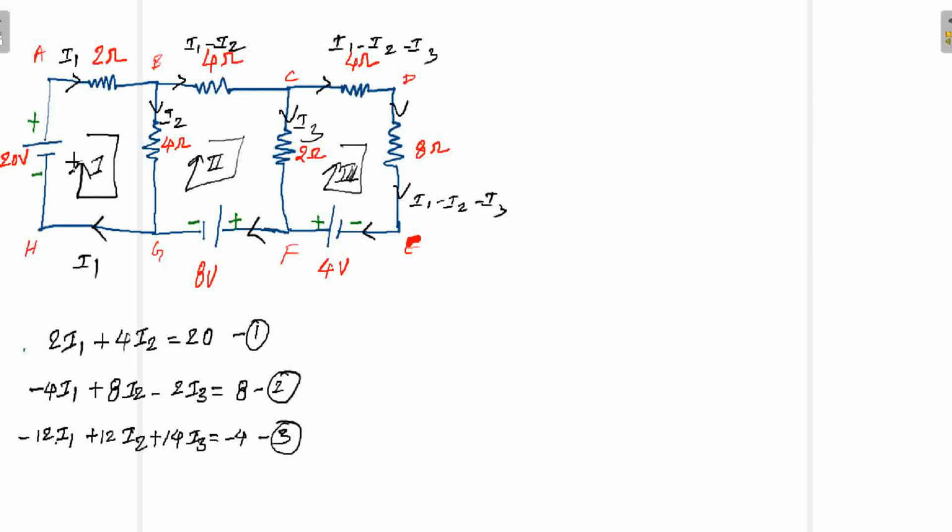Just see, it is moving in the clockwise direction. So this I1 is also in the same direction. This is another convention. If the loop current and the branch currents are in the same direction, let us consider 2I1 as positive.